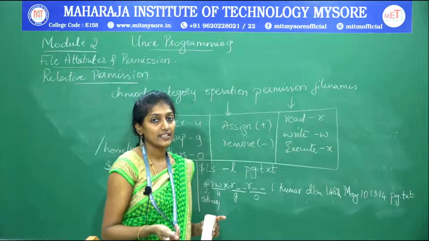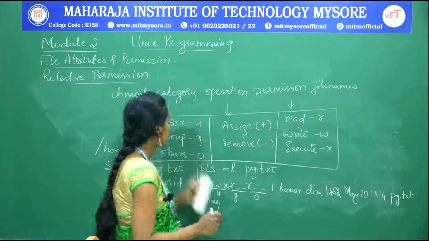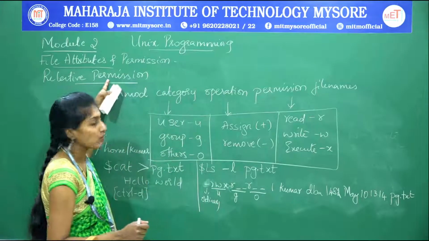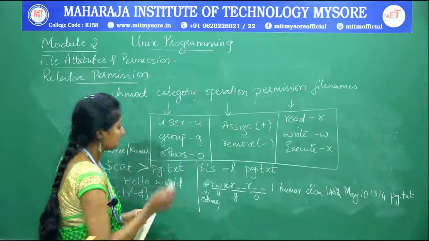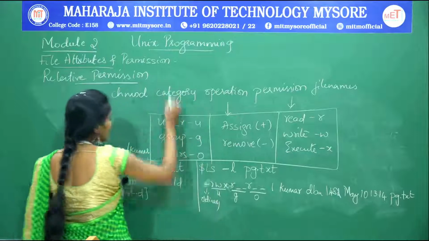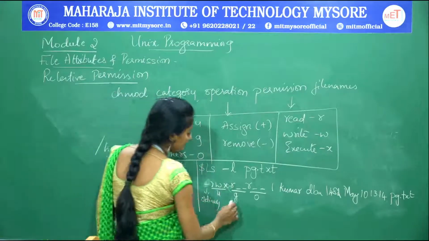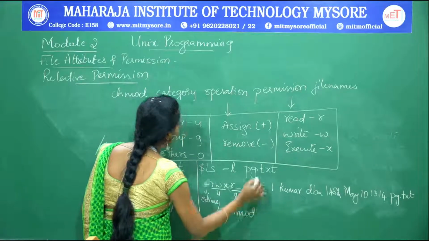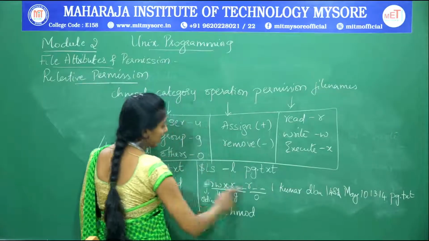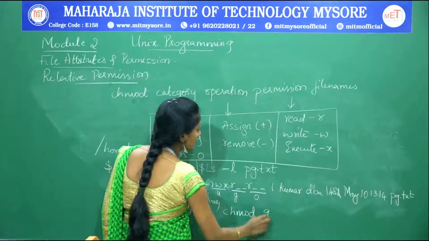So how do I assign the execute permission for a group using this relative permission mode with this syntax? I will write it here for this particular file: chmod. Which category do I want to assign? For group.